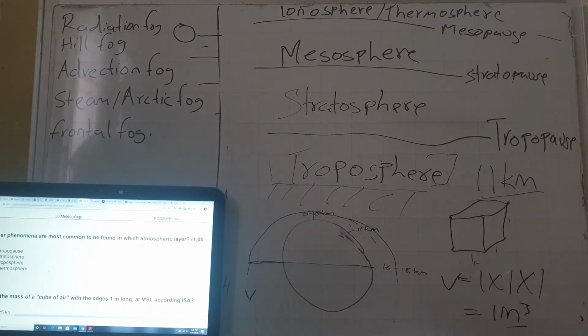We know that in ISA, the density of air is given as 1.225 kilograms per cubic meter. That's the ISA density.